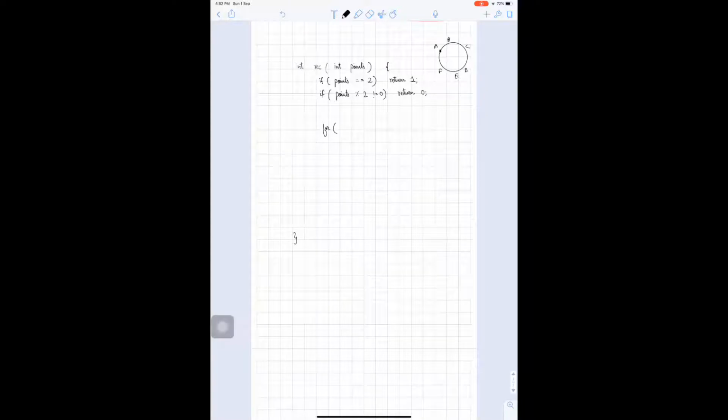That is 5, that is points minus 1. So I can safely say I is equal to 1, I less than points, I plus plus. So this will iterate from 1, 2, 3, 4, 5, 5 times.